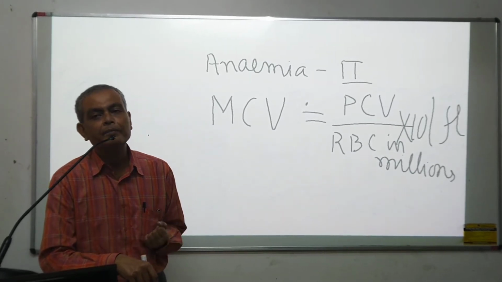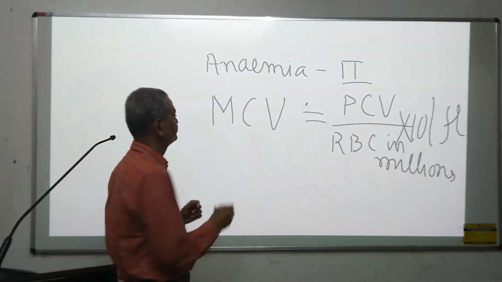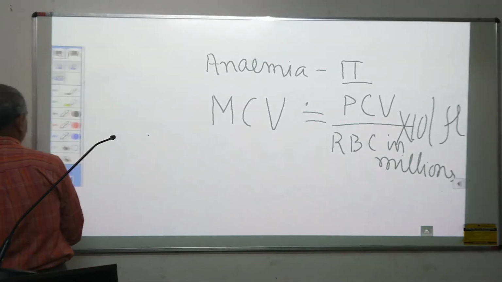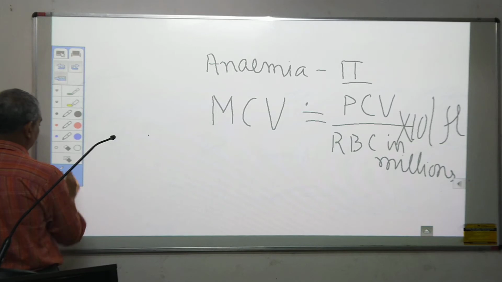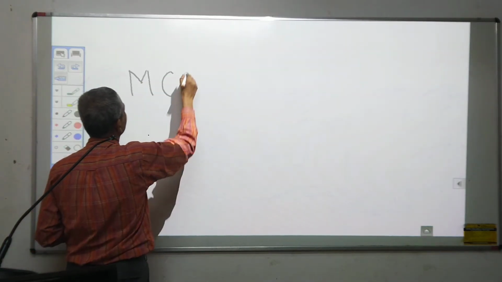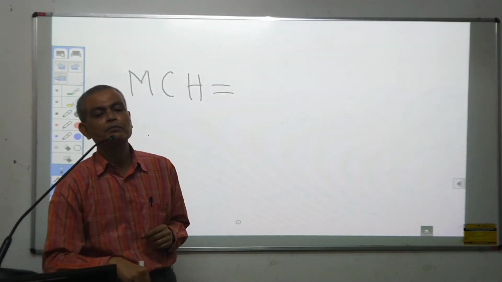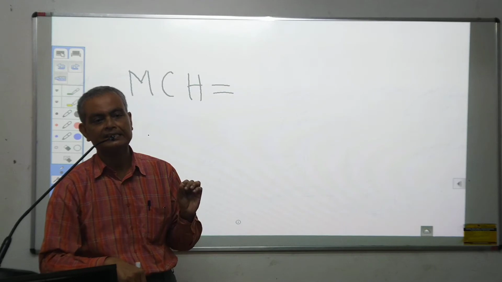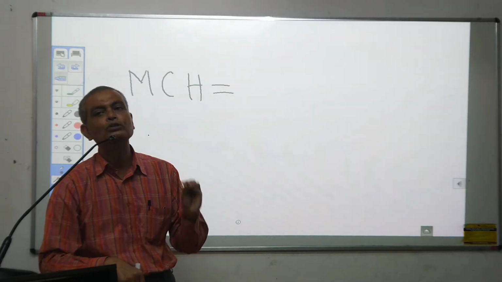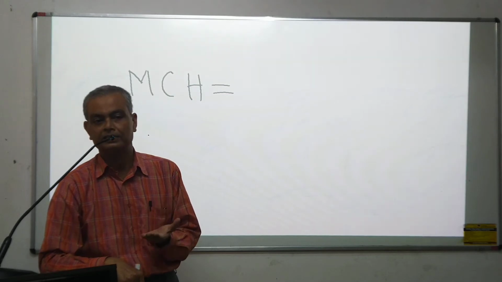The next parameter is mean corpuscular hemoglobin. Mean corpuscular hemoglobin or MCH is the average amount of hemoglobin present per RBC.